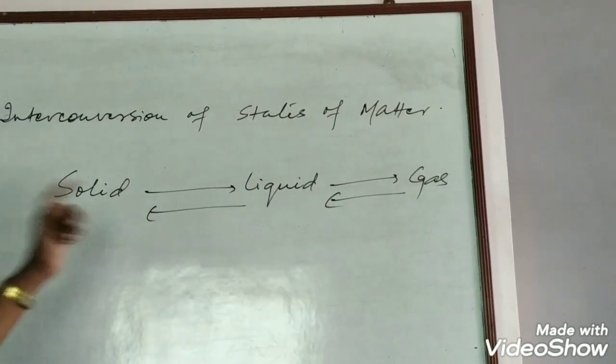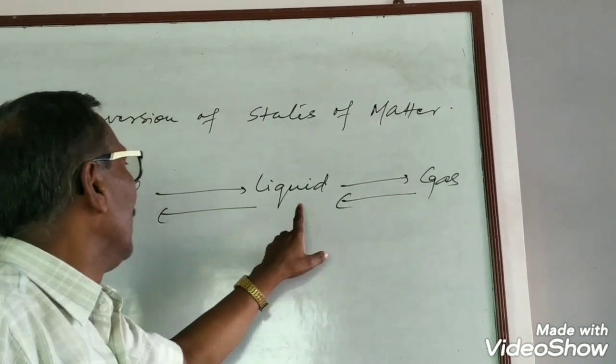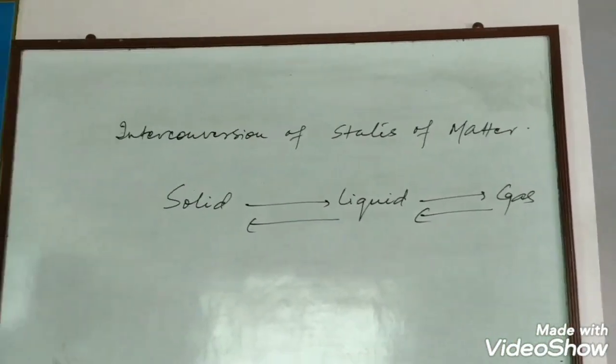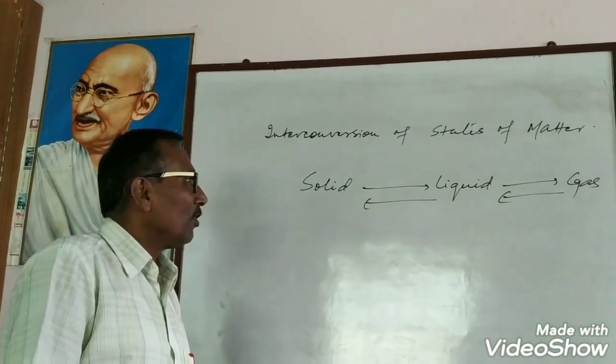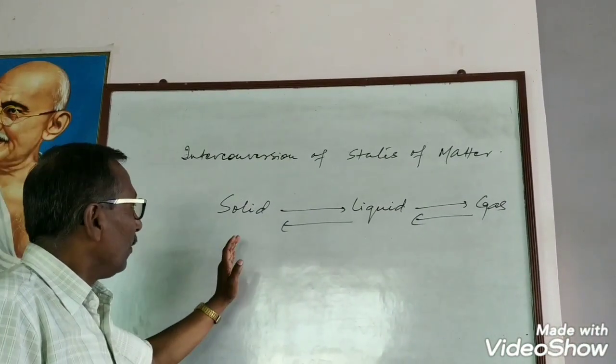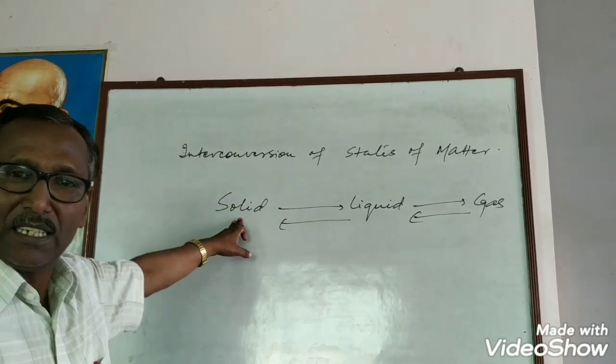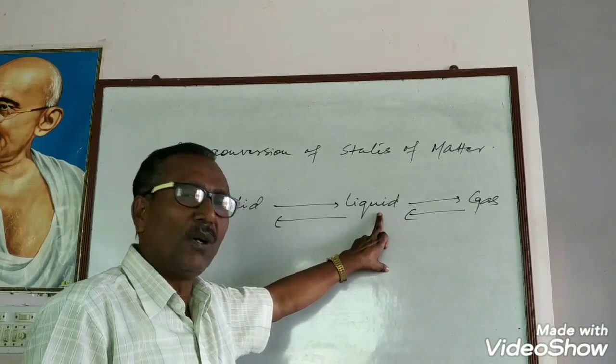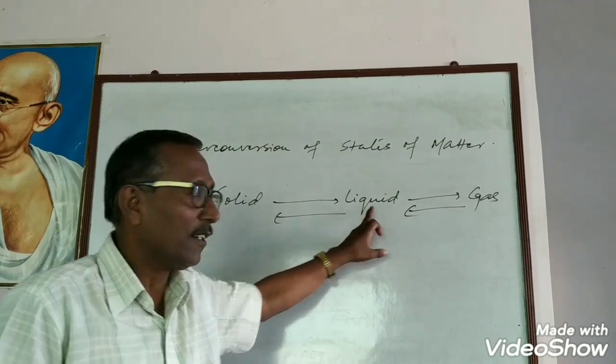Now again from gas to liquid and liquid to solid. This is called interconversion of states of a matter. That means how one form of a matter is converted into another form of matter.